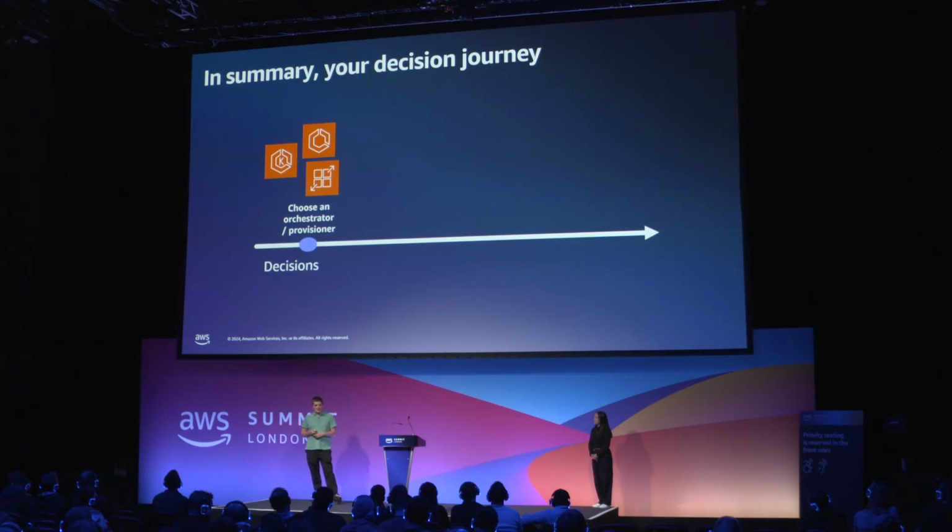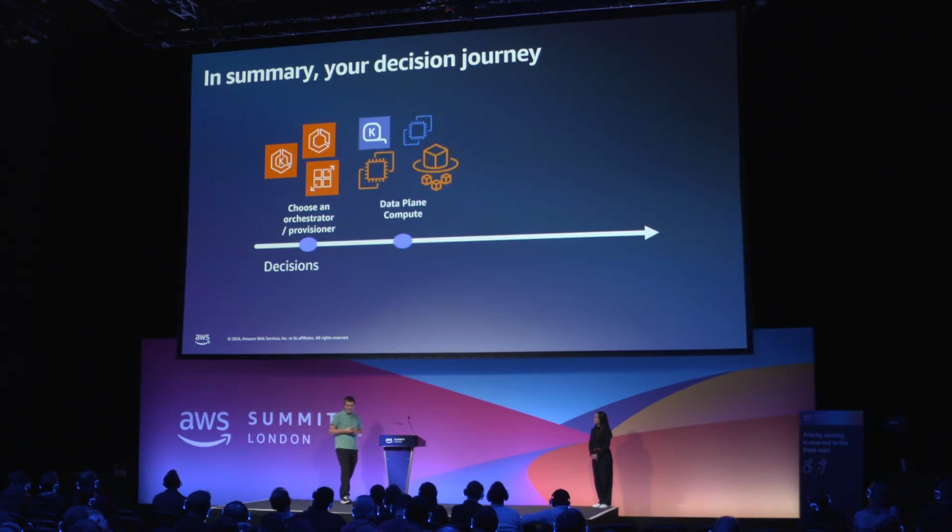So we're going to pick an orchestrator or a provisioner first. We then go, hey, where does my compute need to run? Does it need to run at the edge for low latency? Does it need to run on premises to process and filter data before sending it to the cloud for those generative AI models and training data that's being spoken about today? So think about the data plane.